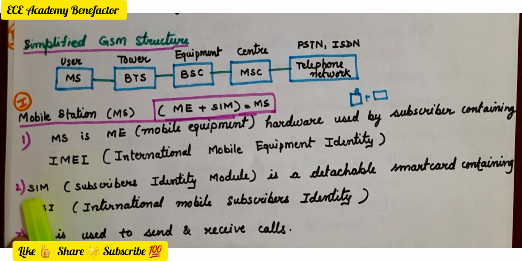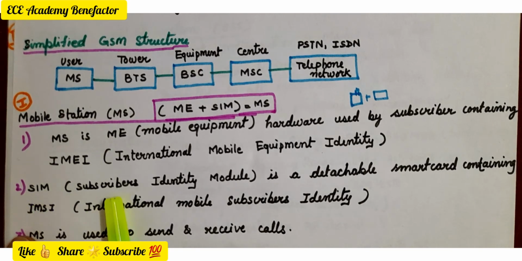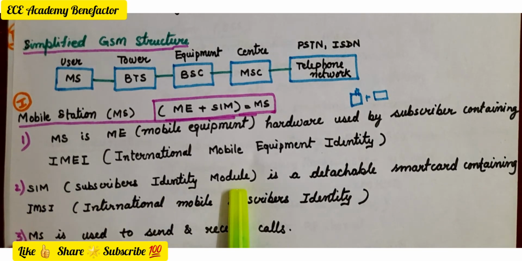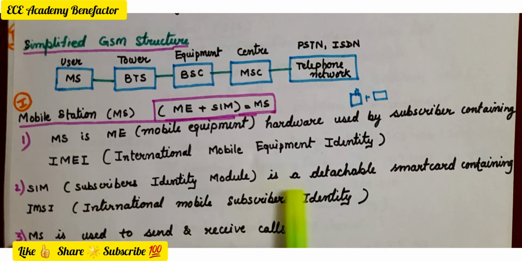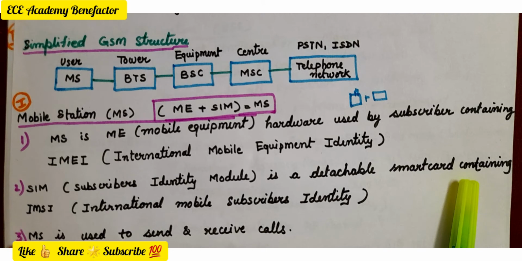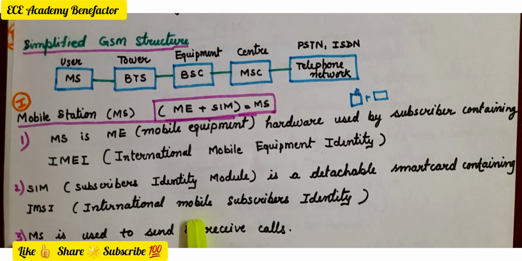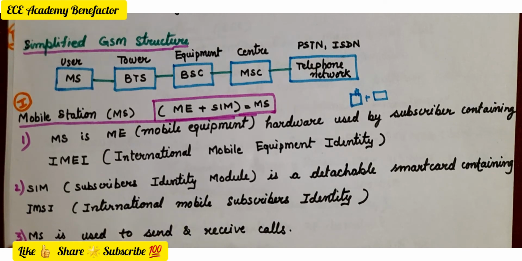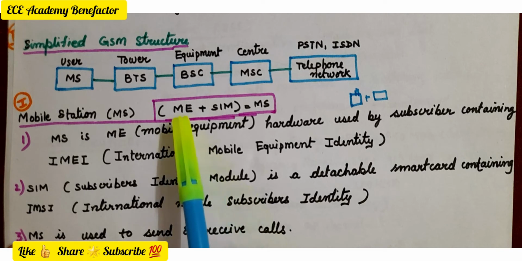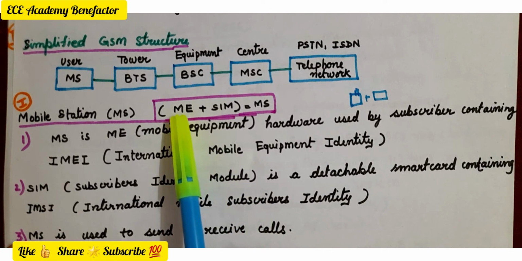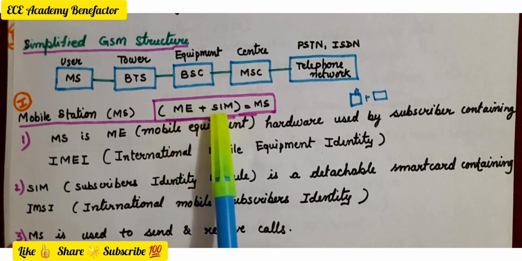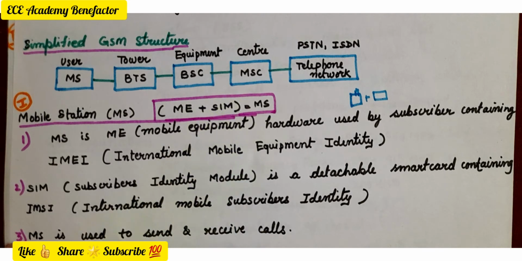The second part of the MS is the SIM. SIM stands for Subscriber Identity Module. SIM is a detachable smart card containing the IMSI, International Mobile Subscriber Identity. So, the mobile unit has one unique IMEI, International Mobile Equipment Identity, and the SIM has the IMSI, International Mobile Subscriber Identity.